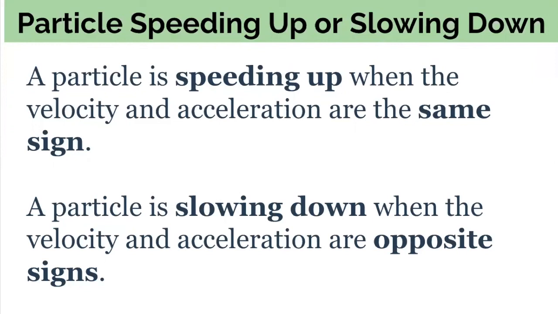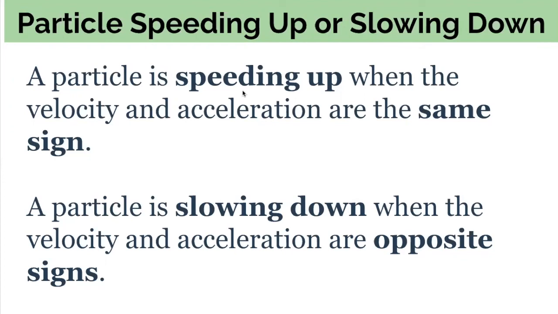So the way you're going to find out if the particle is speeding up or slowing down is you're going to have to look at the velocity and the acceleration. So a particle is speeding up, that means it's going faster, when the velocity and acceleration are the same sign. A particle is slowing down when the velocity and acceleration are opposite signs.